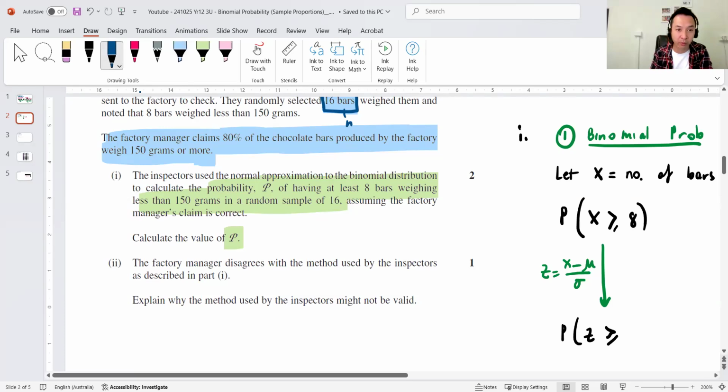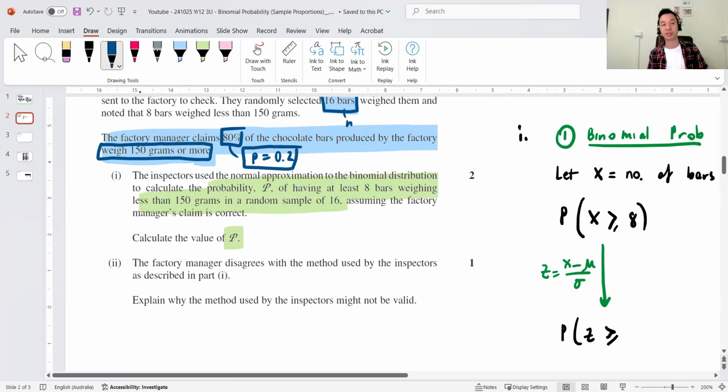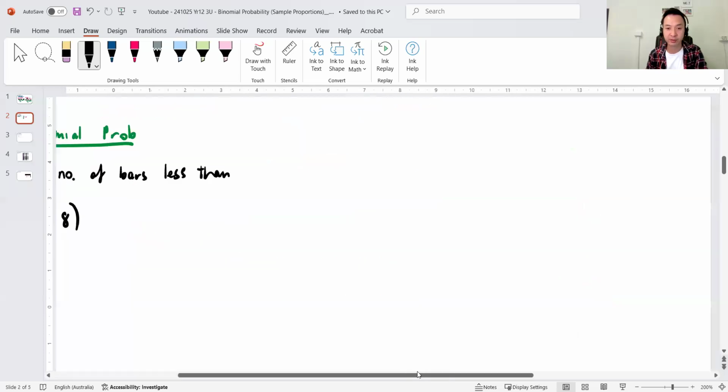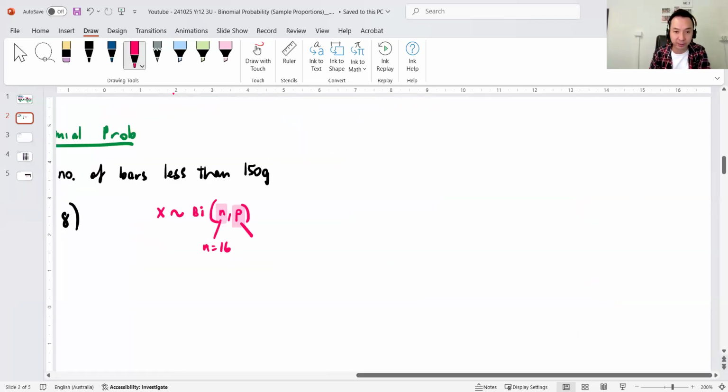So on average, the probability of me getting less than 150 would be 0.2. Does that make sense? Because he claims that on average, 80% of them are more, and I'm defining X to be less, so I want the opposite of that. So in this case, p is 0.2.